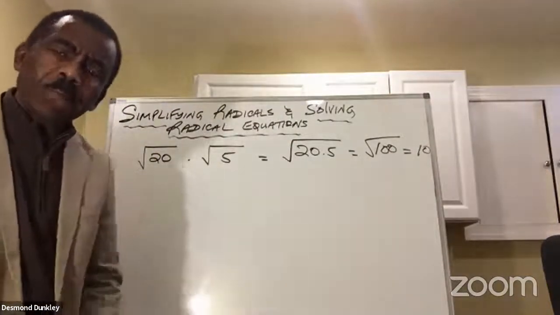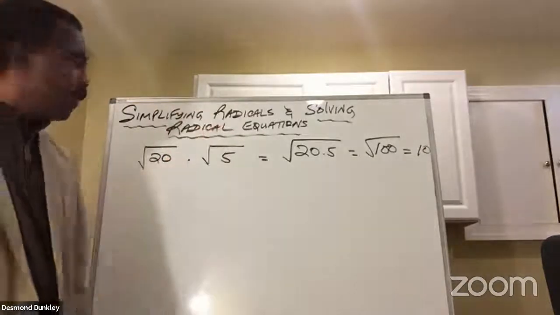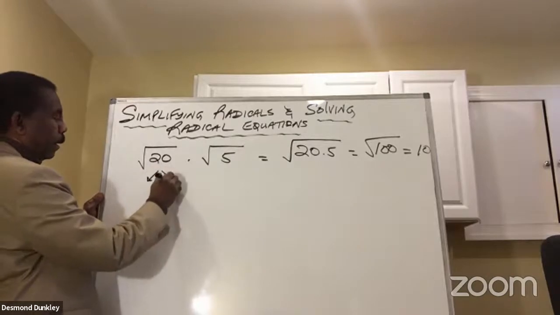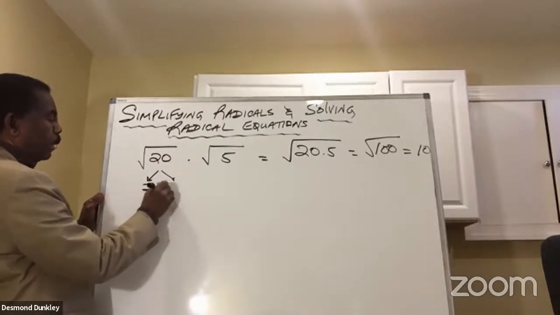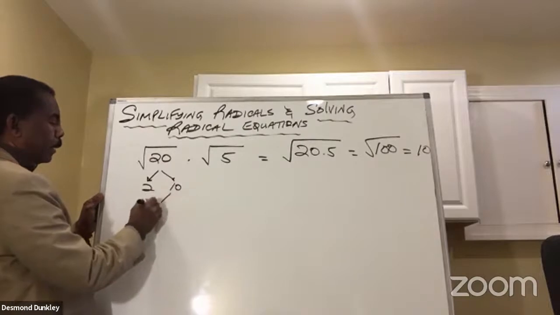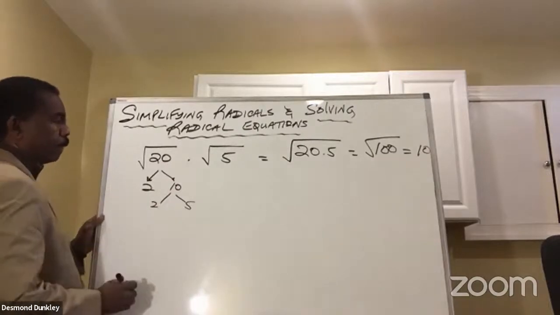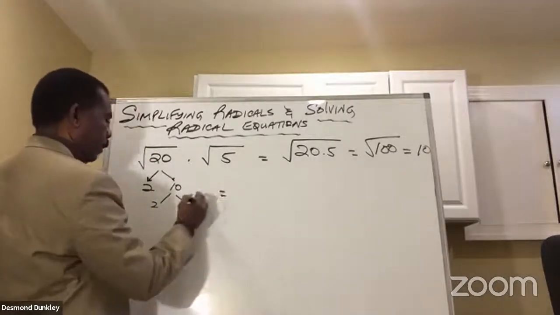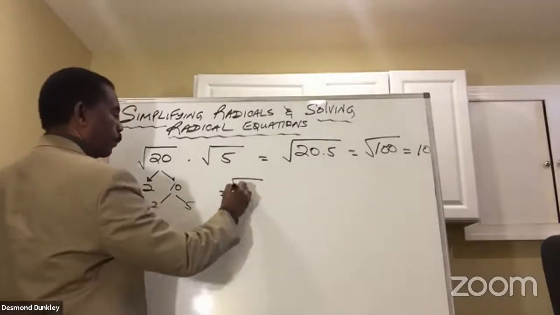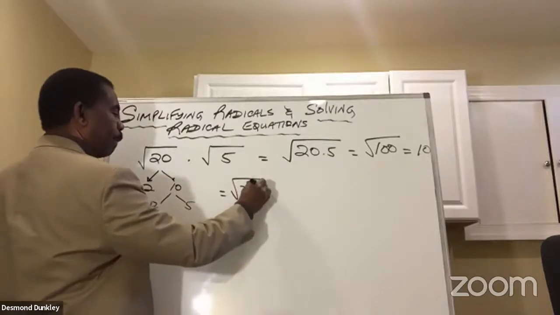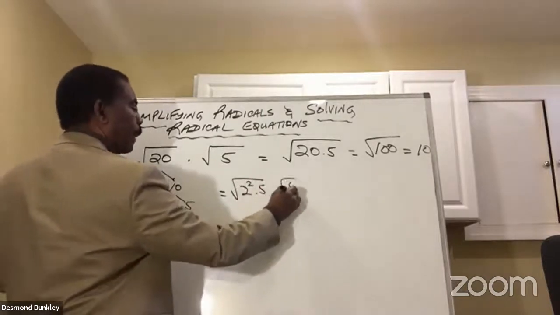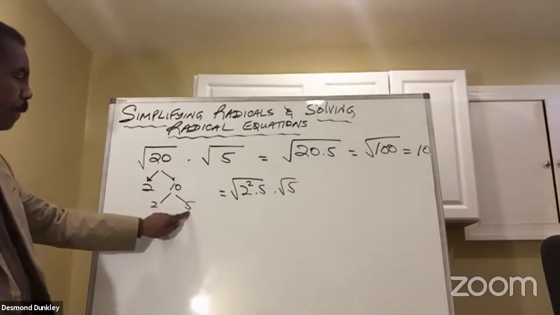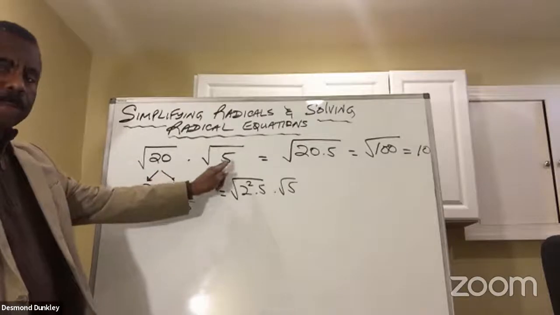Let's see if we could prove that it's 10 using a different method. Okay, so this is 2 times 10. This is 2 times 5. So therefore, this expression here is the square root of 2 squared times 5 times the square root of 5.